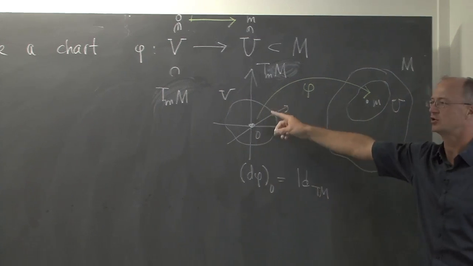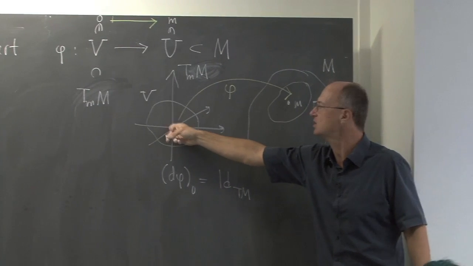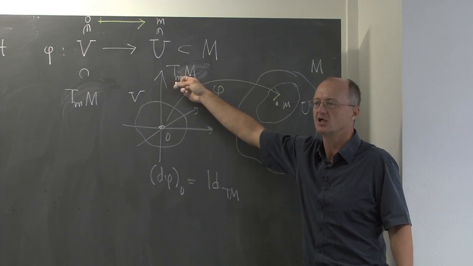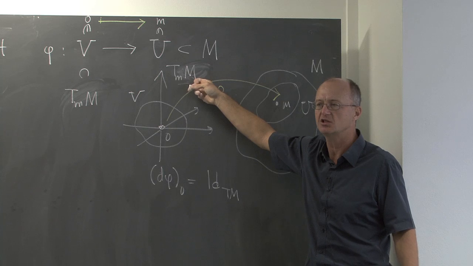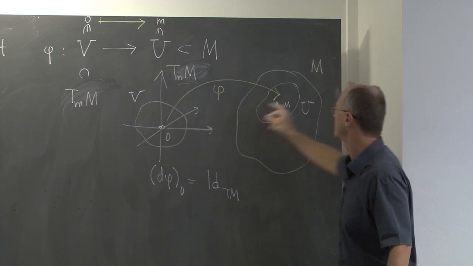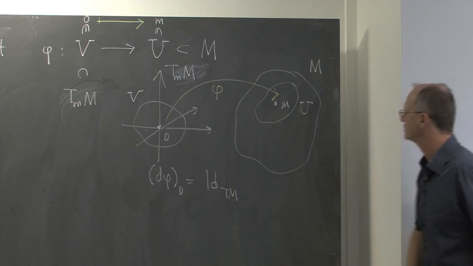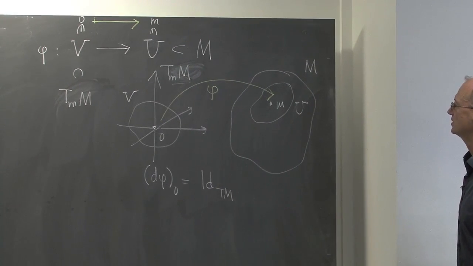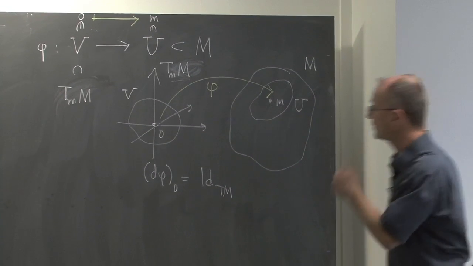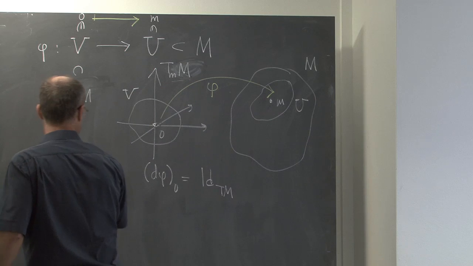This is a little bit tautological. If I'm thinking about this chart sitting in the tangent space, then I can always just by definition say that this differential at 0 is the identity.